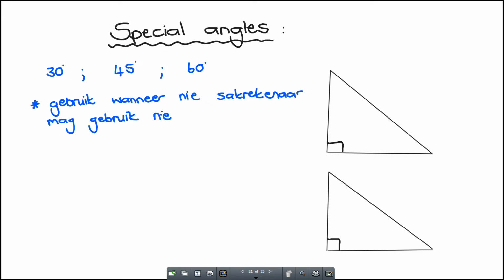I'm just saying, whenever they say without the use of a calculator, it's usually telling you to use your special angles.